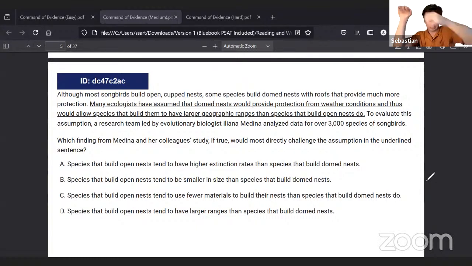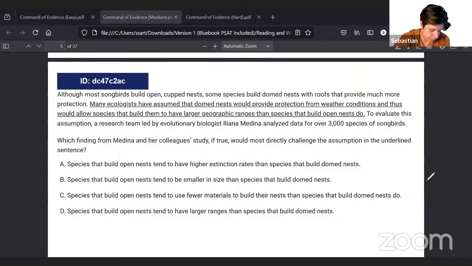Okay, that's not exactly what we're looking for. I mean, that's interesting, but let's see. A: species that build open nests tend to have higher extinction rates than species that build domed nests. That doesn't help, right? Because that would support the claim, because they're saying it gives you protection. Okay.